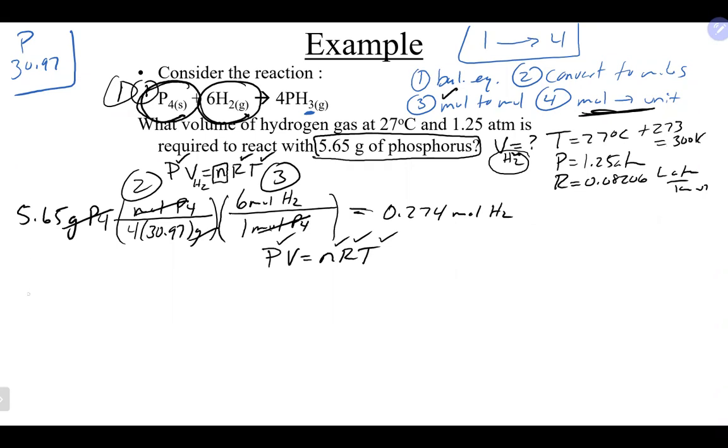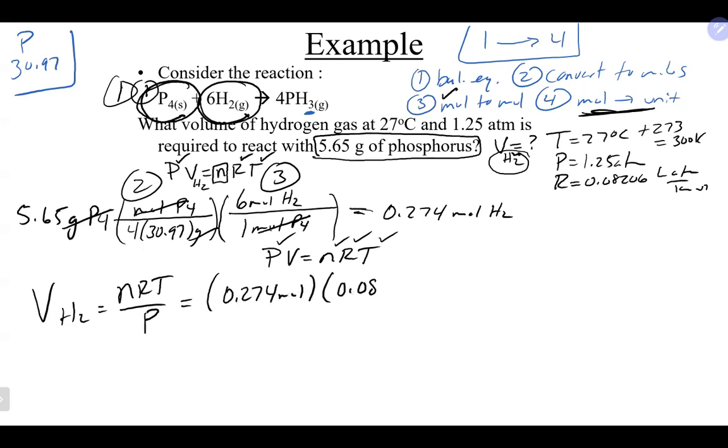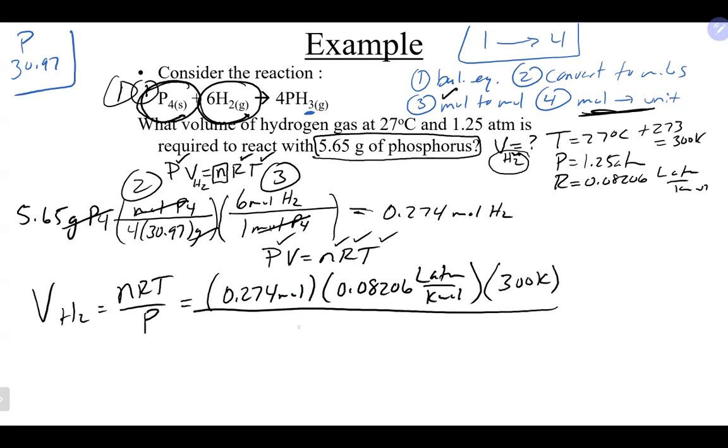We now can solve for the volume of hydrogen gas, which would equal nRT divided by P. Putting in our moles we just calculated above, 0.274, our gas constant, and our temperature that's been converted to Kelvin, all divided by our pressure, which was already in atmospheres, so we were good on that.